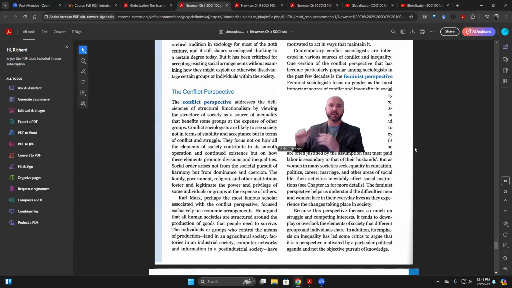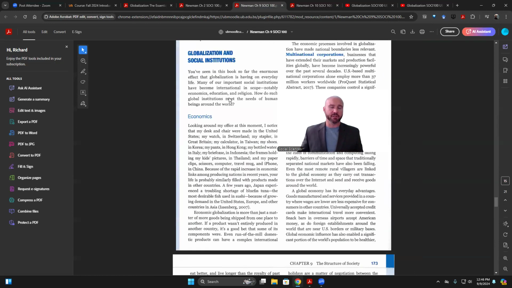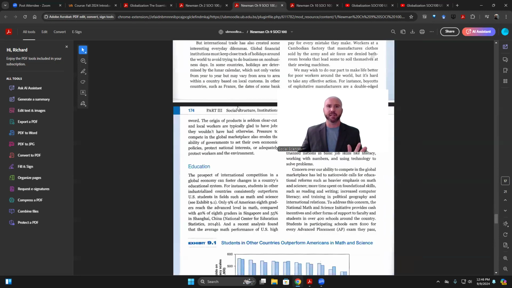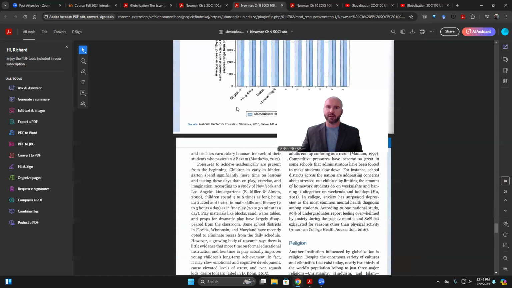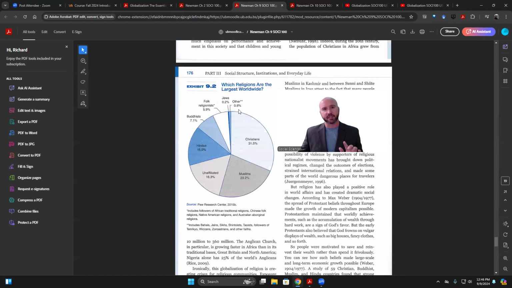If Newman is going to say that Marx is perhaps the most famous scholar associated with the conflict perspective and that he focused exclusively on economic arrangements, and if he's going to define globalization as increasingly interdependent lives economically and politically, then maybe we should question why in chapter 9, where he tells us to go to see more detail, in the section on globalization and social institutions, he spends several paragraphs and pages on economics and gives no discussion at all to politics, even though he defined globalization in terms of political arrangements and connections.